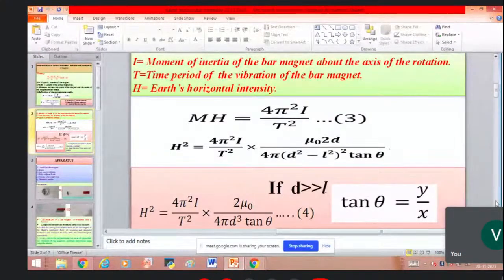So MH equals 4 pi square I by T square, and from there H square is equal to this.